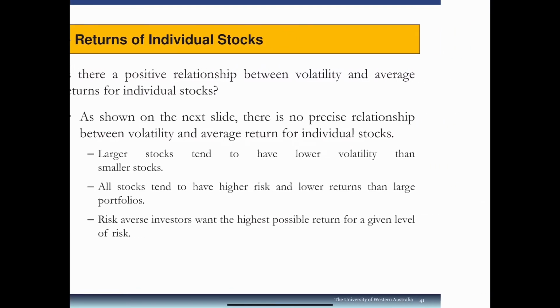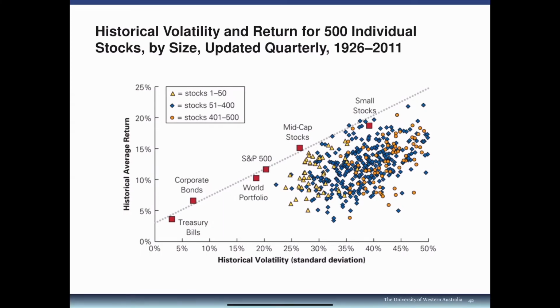Let me just show you the slide first. What we show here is, on top of the graph that we had before, which shows the positive relationship between average return and volatility among treasury bills, corporate bonds, portfolios, and small stocks, we then plot the same for the 500 individual stocks underlying the S&P 500 portfolio. We're using three different colors and symbols.